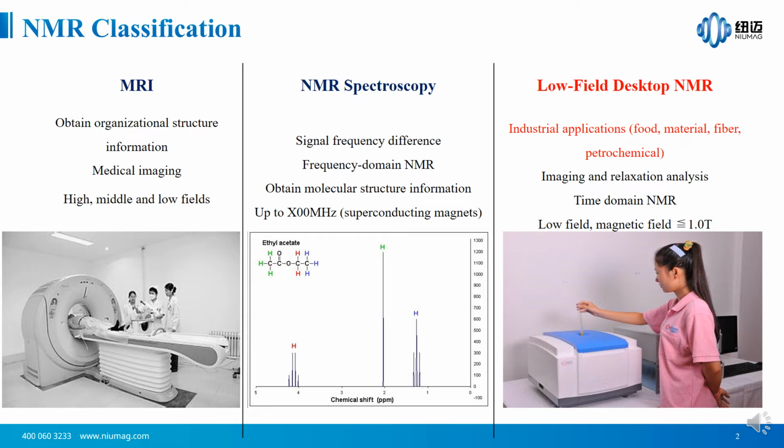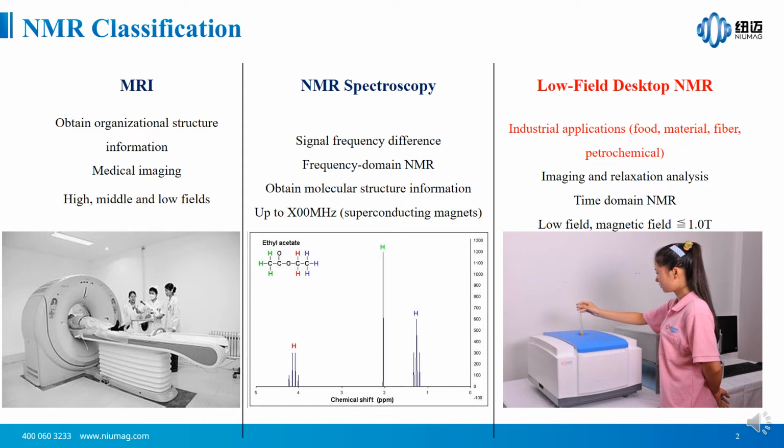The third type of NMR is low field benchtop NMR. This type of NMR is widely used in science research and industry. It can be used in agriculture, food, materials, fiber, petrochemical, energy, rock, and more applications.